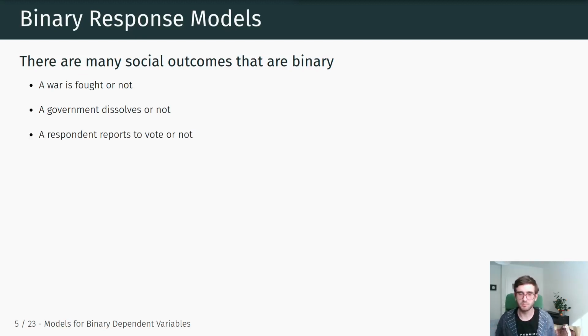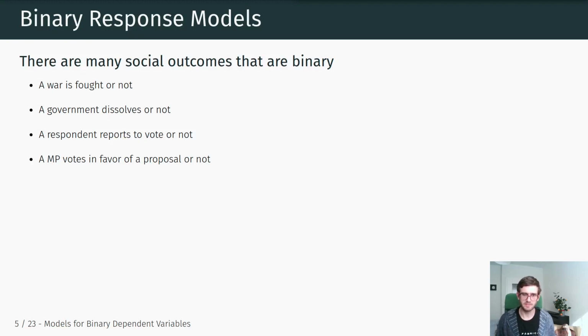If we're interested in political behavior and political attitudes, thinking about outcomes like turnout and voting behavior, these outcomes can also often be measured as binary responses. Or if we're studying political institutions or political elites, whether members of parliament vote in favor of a certain proposal or against a certain proposal.